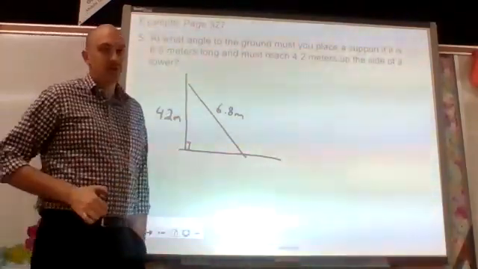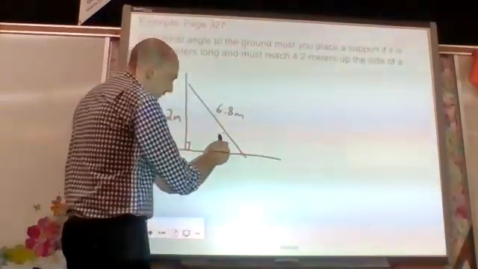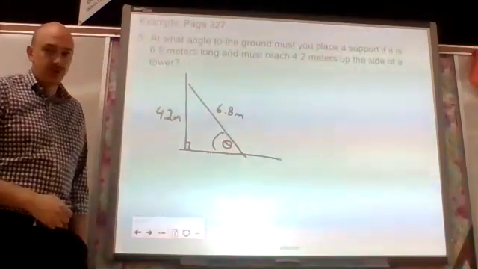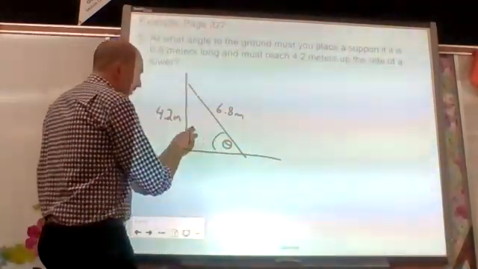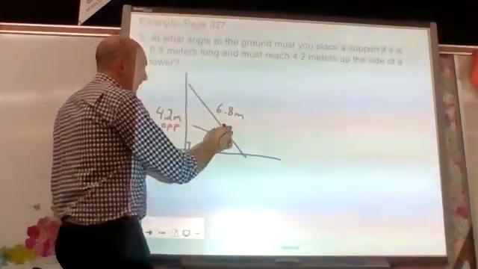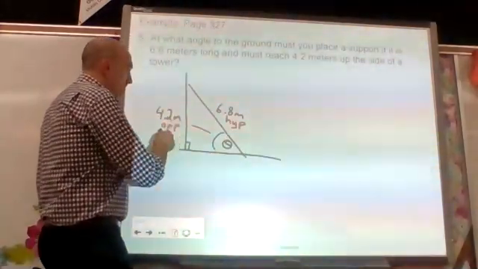Hey, there's a right angle triangle. At what angle to the ground? So what's this angle here? That's the question. Now we know what angle we're looking for. We label these. This is opposite, and this is hypotenuse. I've got opposite and hypotenuse.